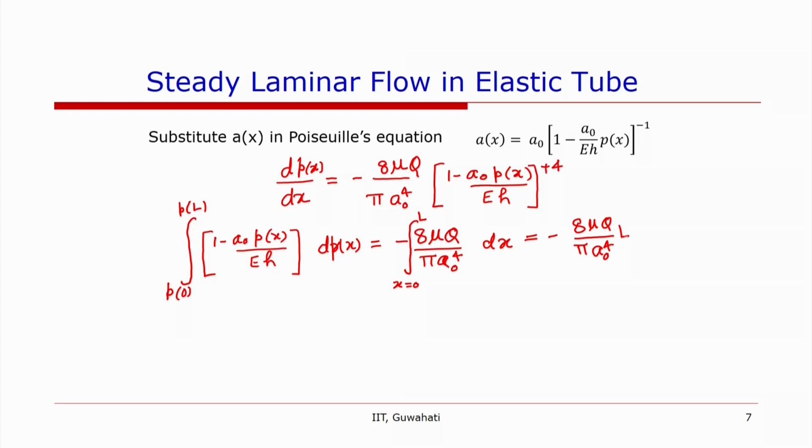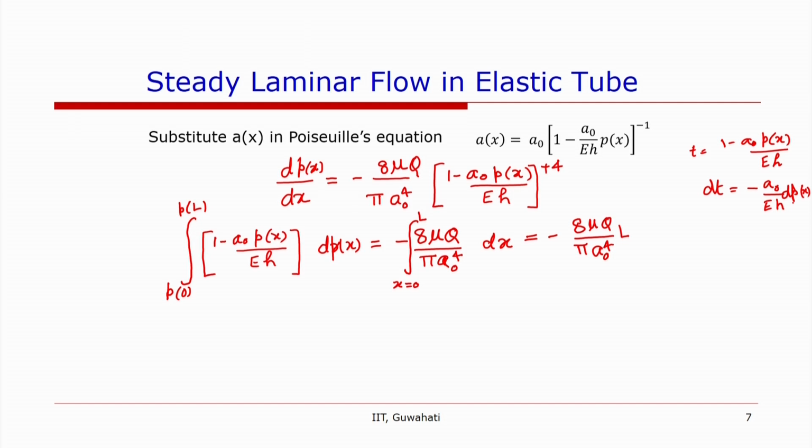whereas if we want to integrate this, we can simply integrate it. Let us say that t is equal to 1 minus A naught Px over EH, and that will give us dt is equal to 1 minus that 1 will go away, and we will have simply minus A naught by EH dP.